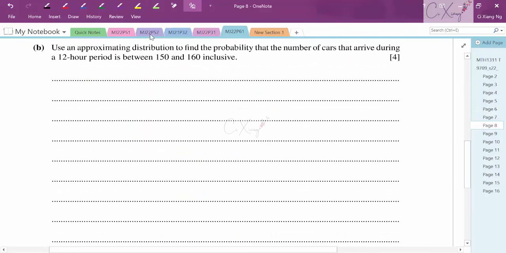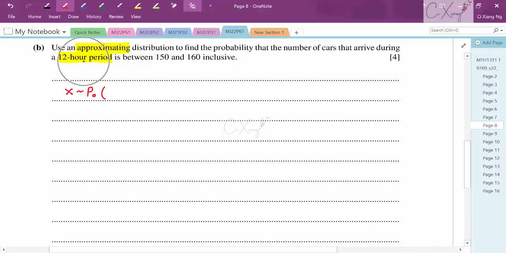Okay, so for part B, they tell us a very obvious keyword: use an approximating distribution. So that means you might need to change Poisson to something else. All right, so to find the probability that the number of cars arriving during a 12-hour period is between these numbers. Again, our original mean per hour is 13.5, right?